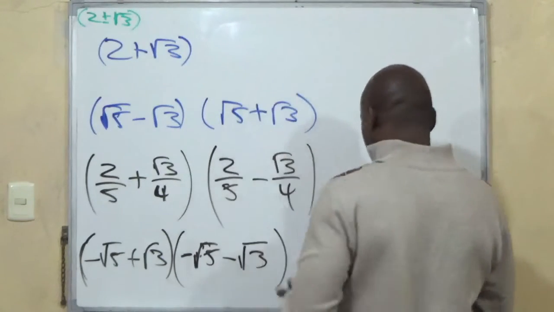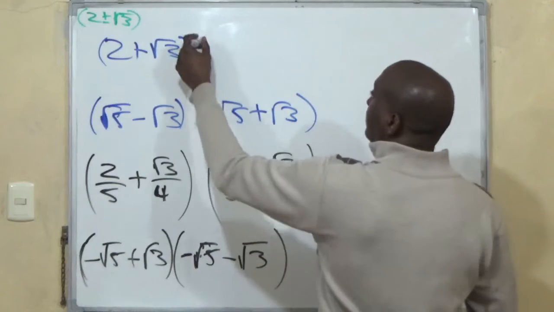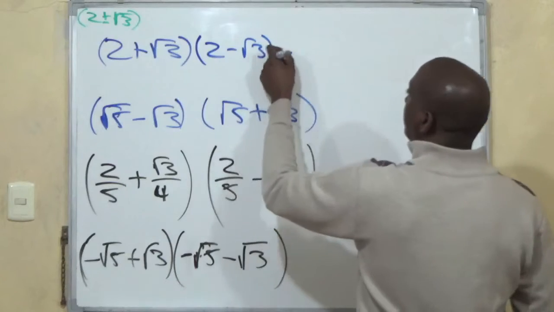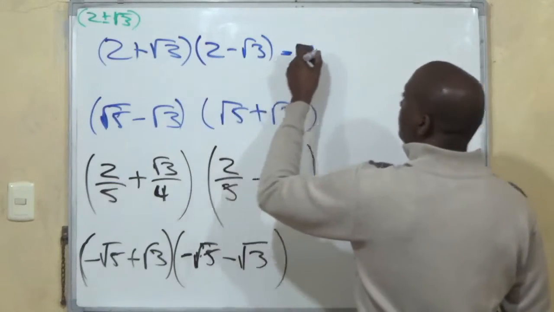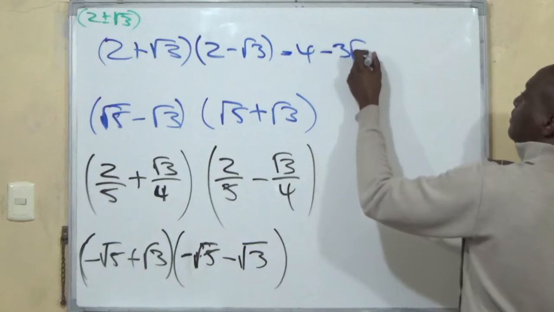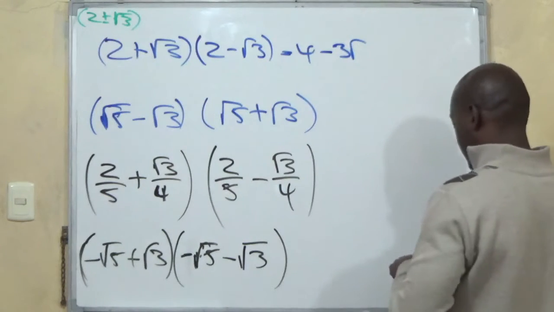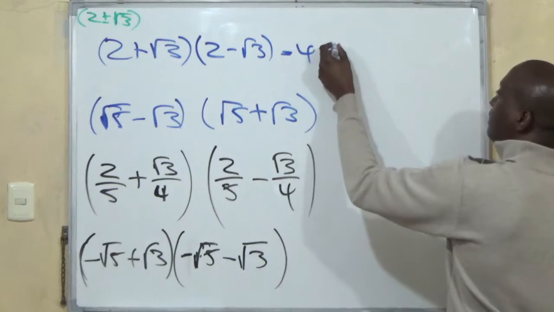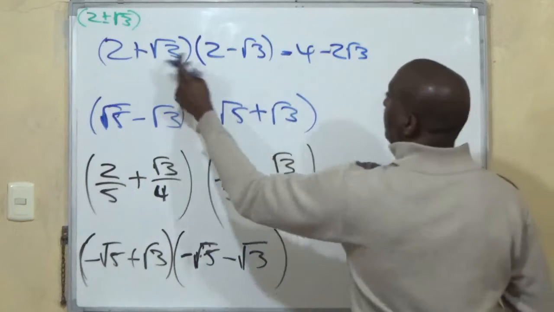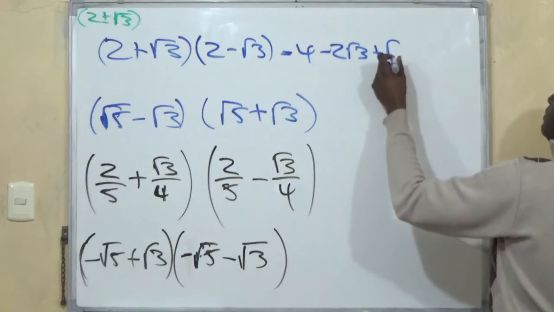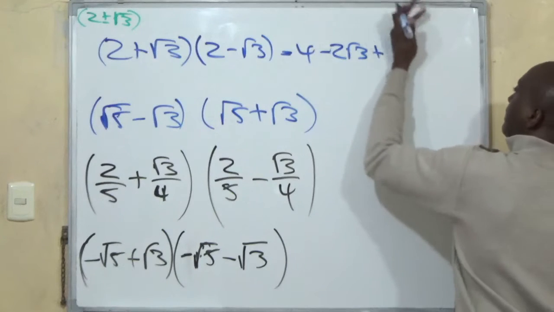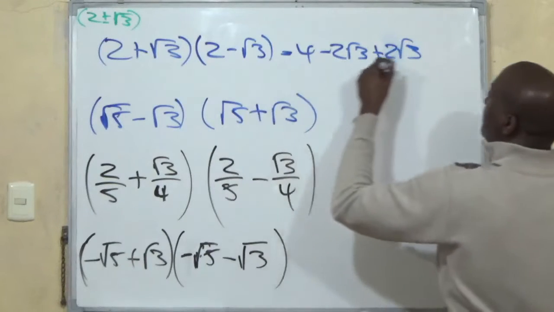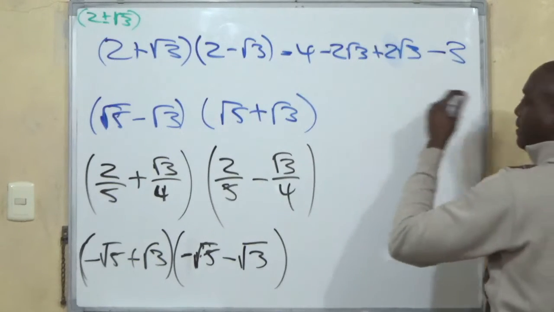2 plus root 3 multiplied by 2 minus root 3. I'll get 2 by 2 is 4. Minus 2 root 3, sorry, my mistake, minus 2 root 3, plus 2 root 3, and root 3 by root 3 is minus 3.